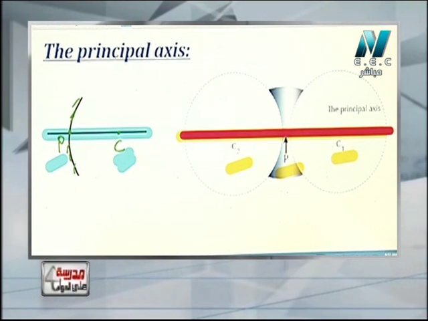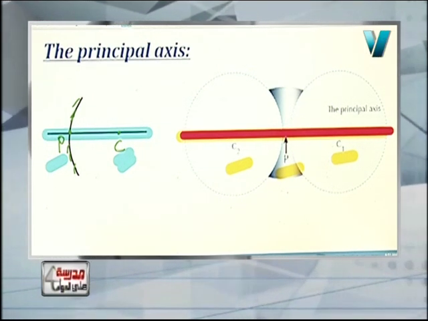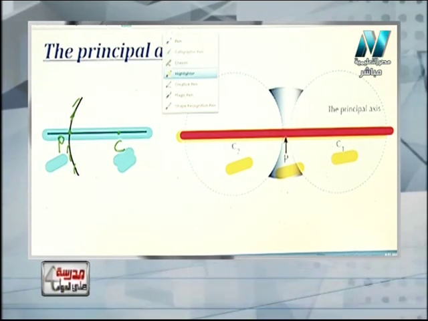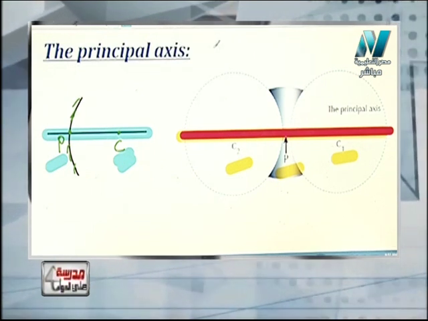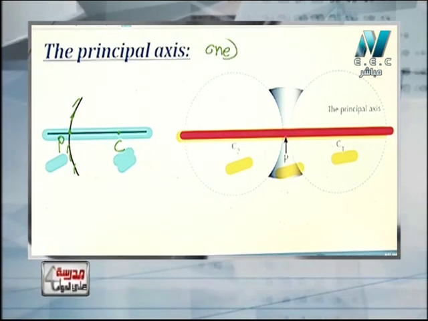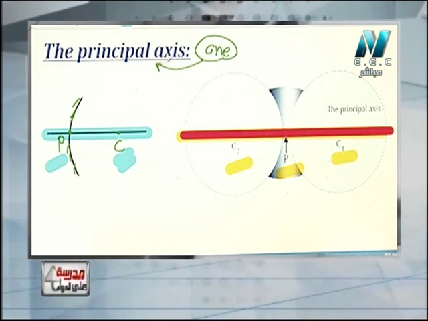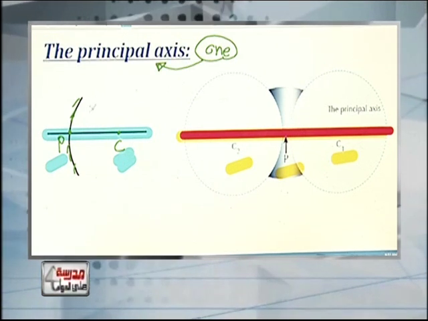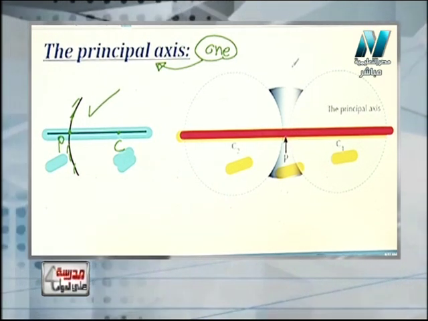So any lens or any spherical mirror has only one principal axis.